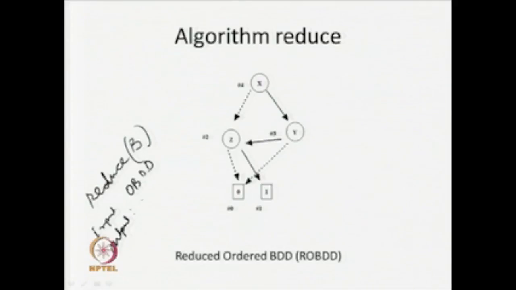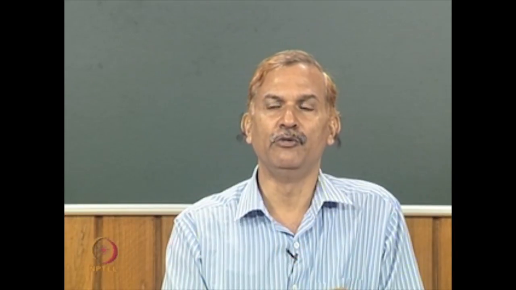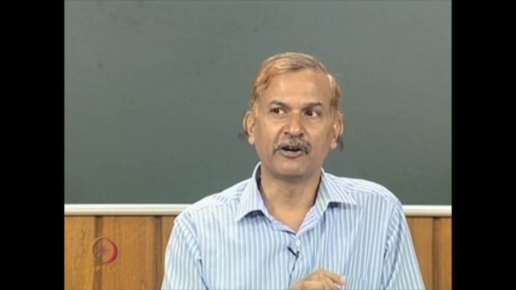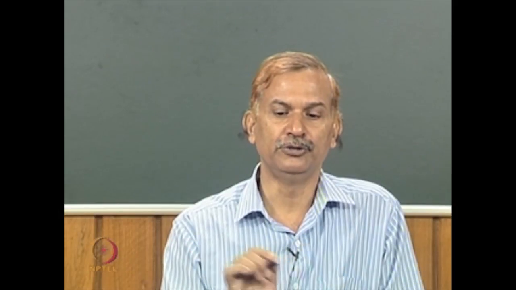The output of this algorithm is the ROBDD, reduced ordered binary decision diagram, and the variable ordering of the output BDD is the same as the variable ordering of the input BDD. So, now you see that we can construct a BDD for any given Boolean function, and after construction we can use this reduce algorithm to get the reduced ordered binary decision diagram.